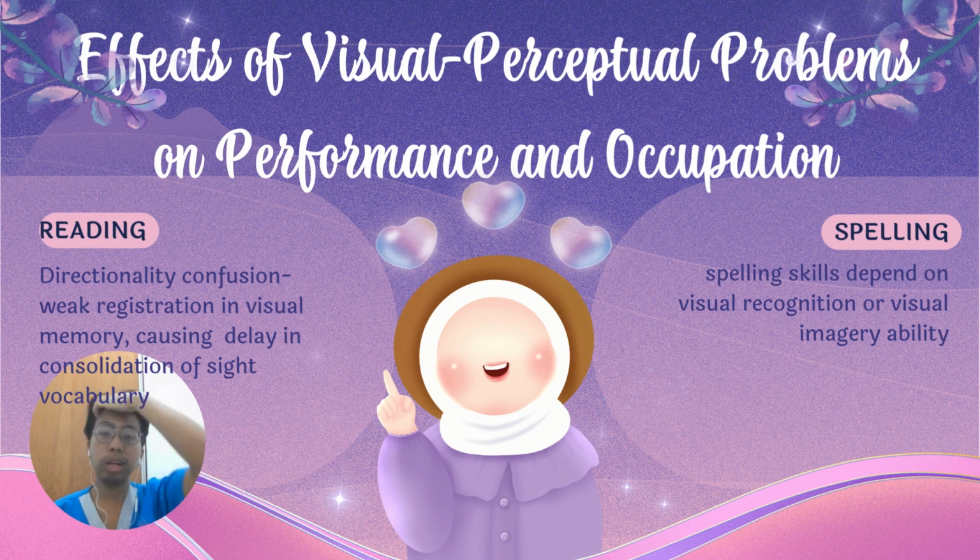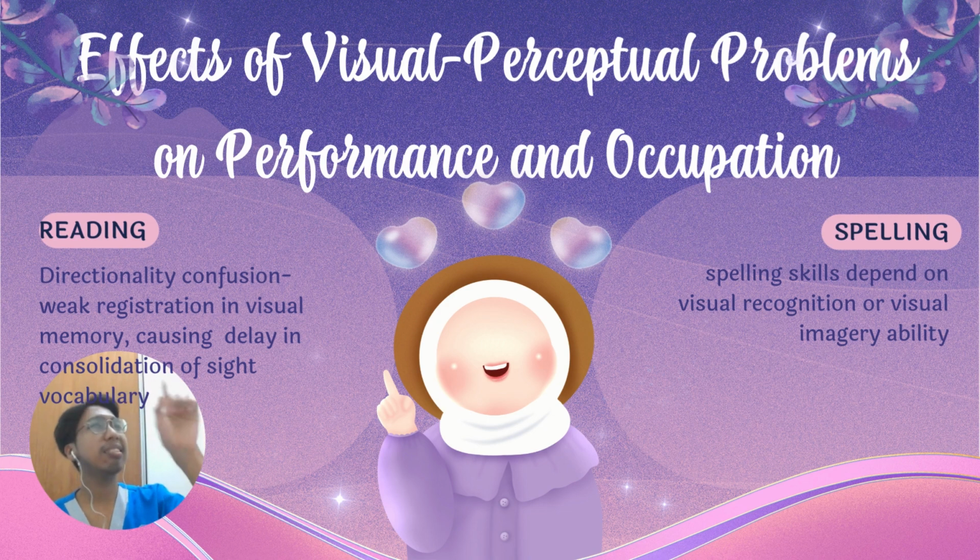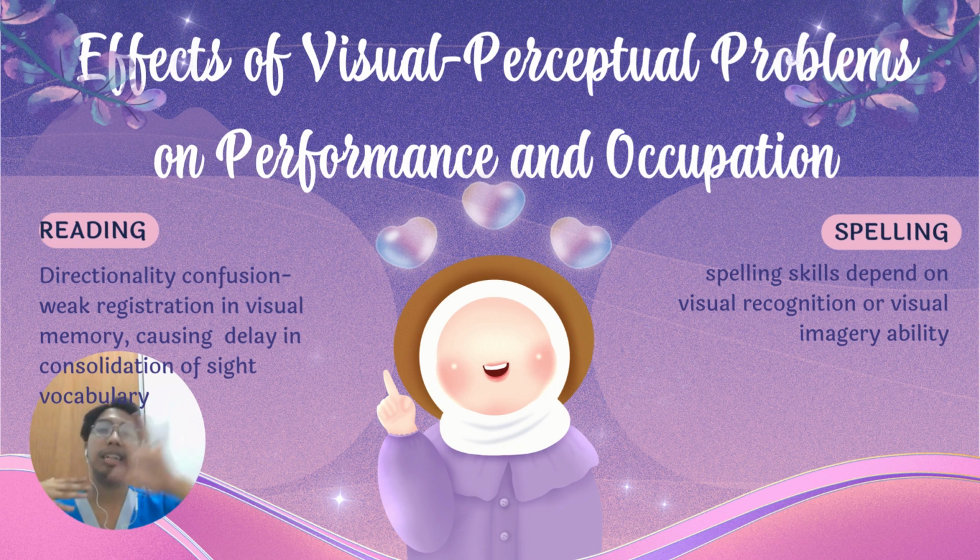So to be able to imagine how the word cat looks, and then to be able to spell it. For example, I can visualize the word CAT floating in my mind. That's an example of visual imagery. If it's impacted, it does impact their spelling skills. So maybe they thought the spelling of cat should be CAD instead of CAT. That's an example of it.